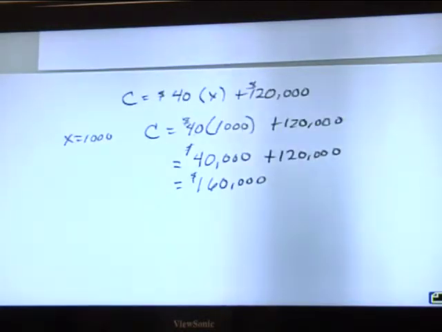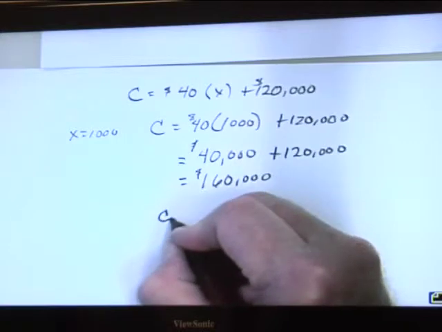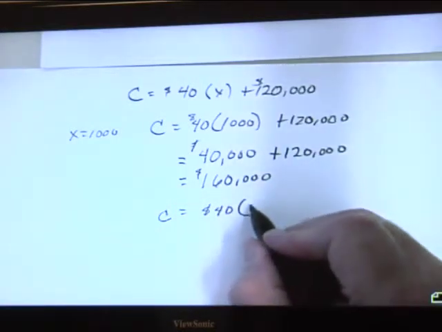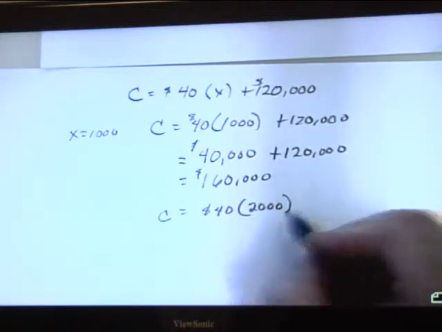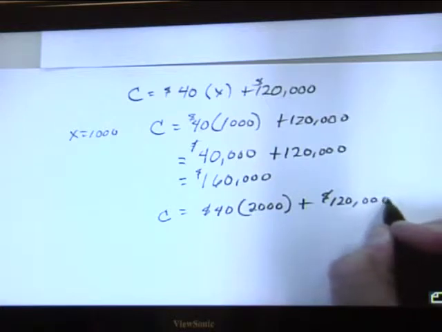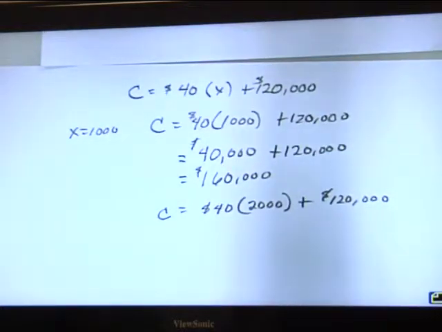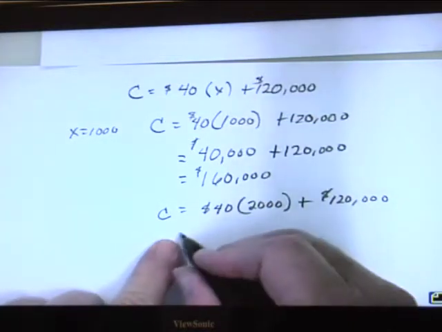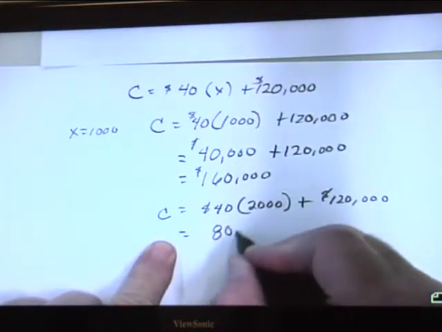Now we'll let X be 2,000. So we're going to have C equals 40 times 2,000 units plus $120,000. Well, 40 times 2,000, you can do it on your calculator, is $80,000.